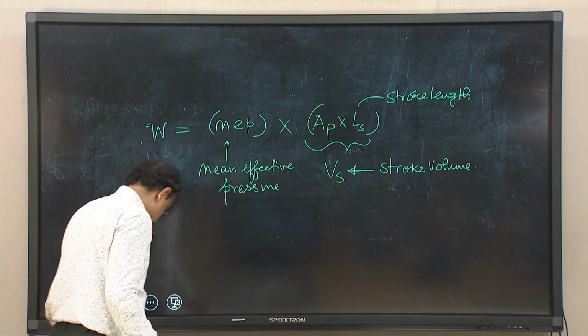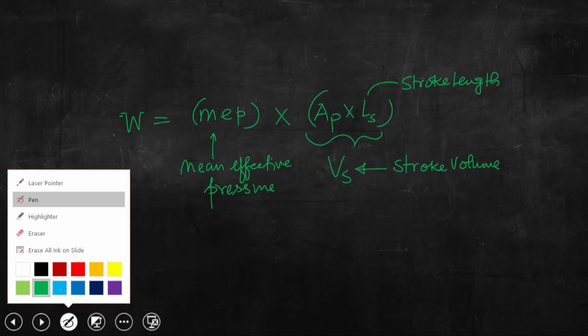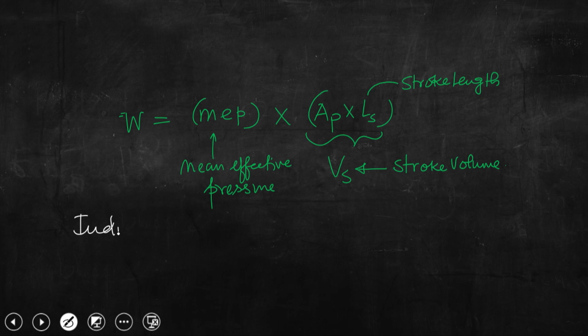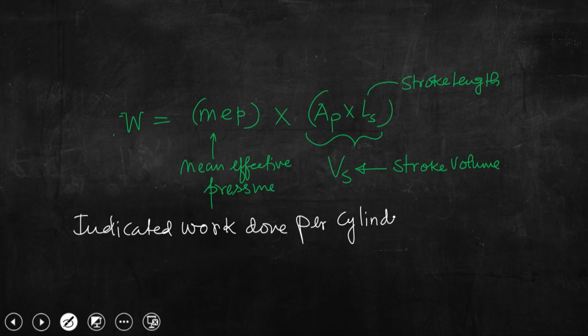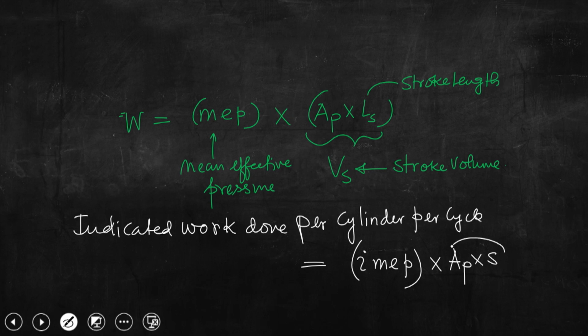So, if I write indicated work done per cylinder per cycle, that can be obtained from this indicated mean effective pressure multiplied with the area of the piston into the stroke length, that is Vs.